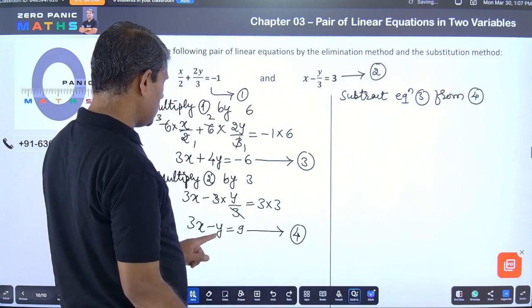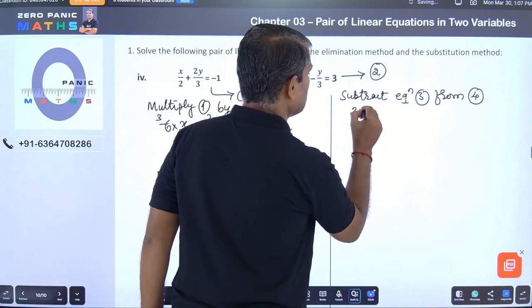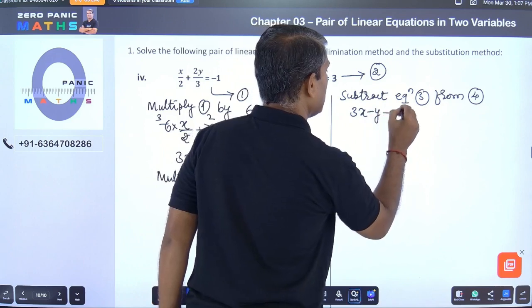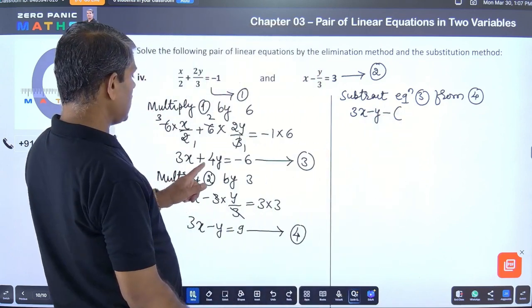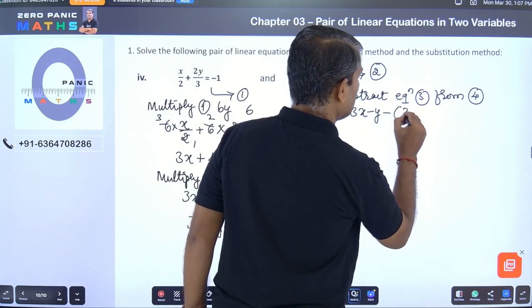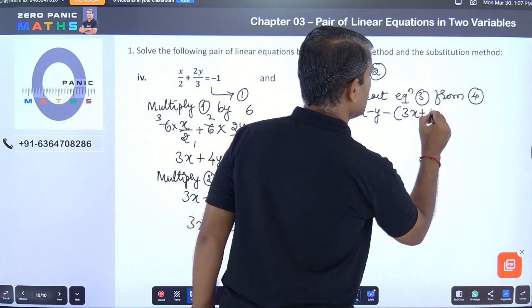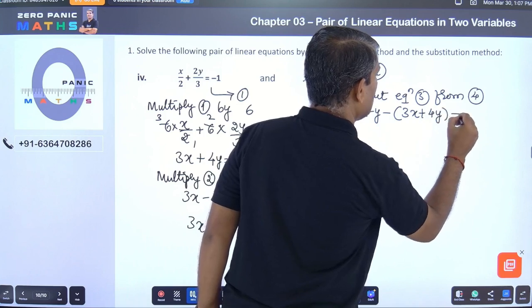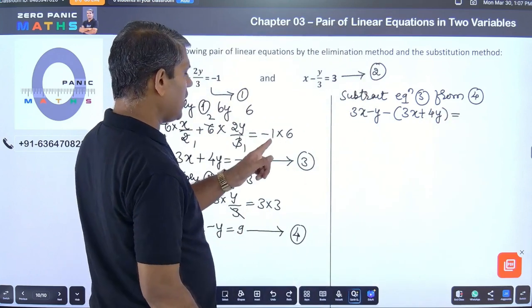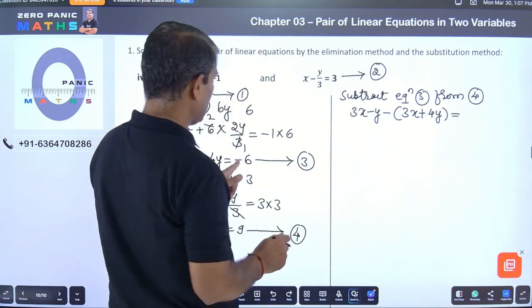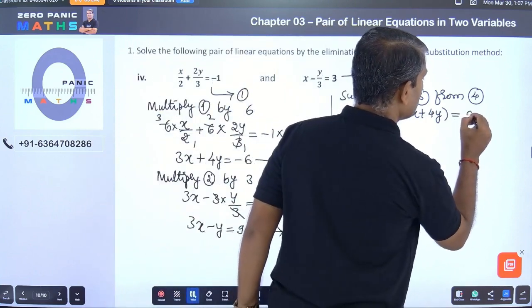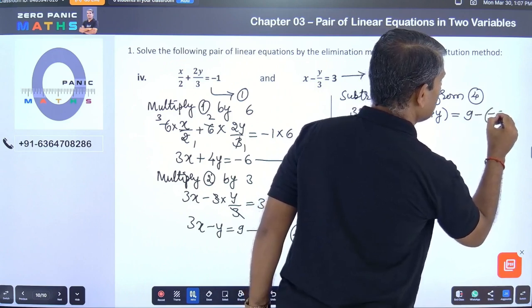What is 4? 3x minus y, and minus of 3x plus 4y, is equal to 9 minus of minus 6.